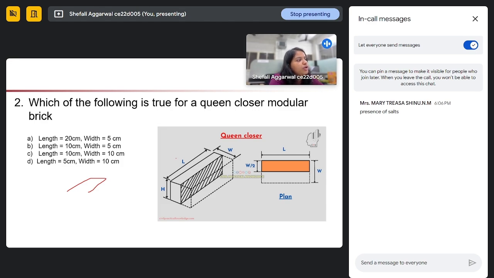A normal modular brick will have 190 to 200 mm of length, 90 to 100 mm of width, and the height will be 90 to 100 mm.